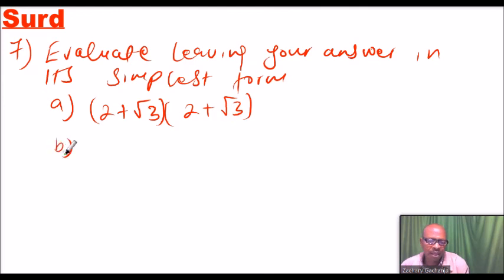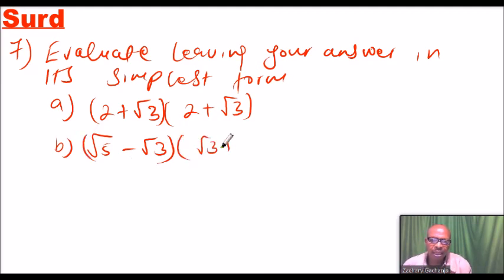We have b, root 5 minus root 3, and root 3 plus root 2.